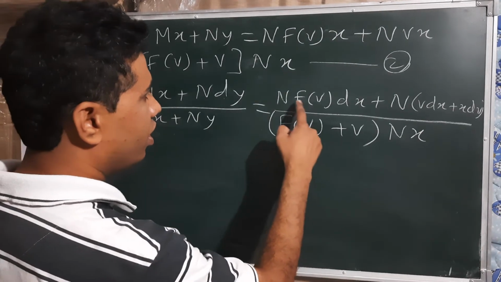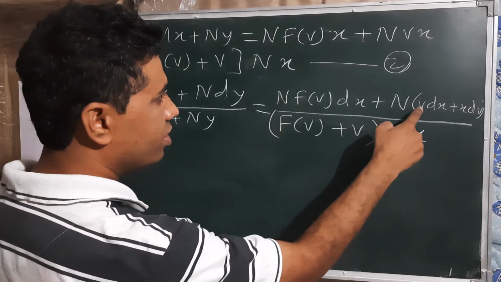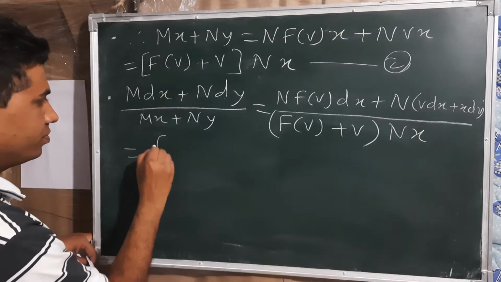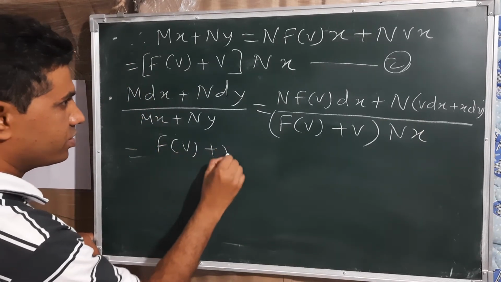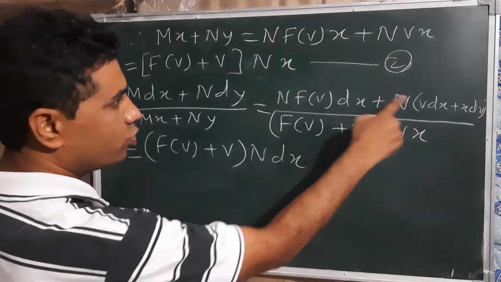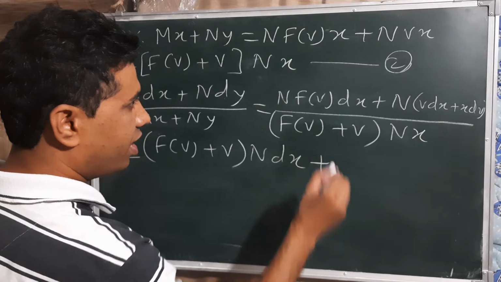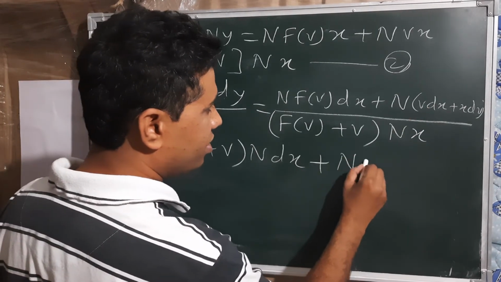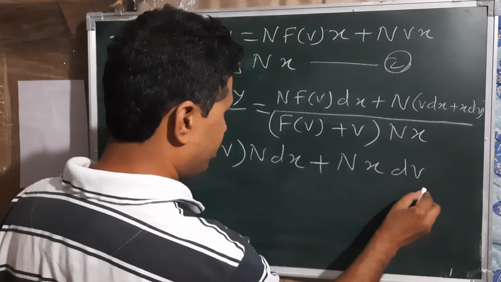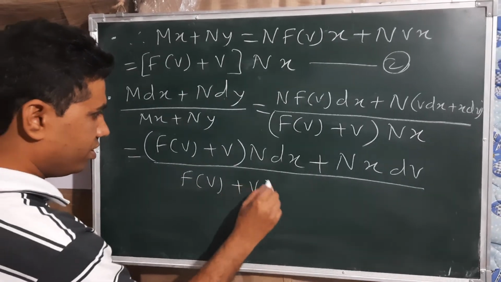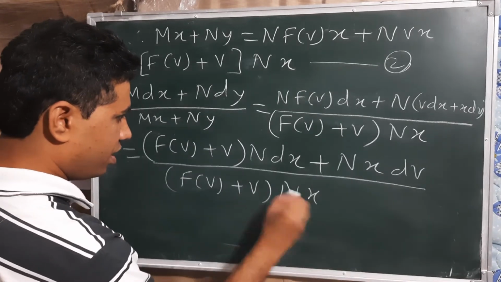So N is common: F of v plus v into N dx, first two terms, and the last term is N x dv divided by F of v plus v Nx.